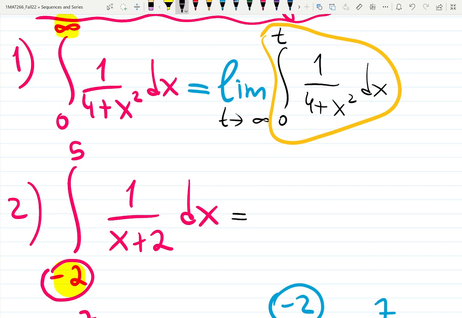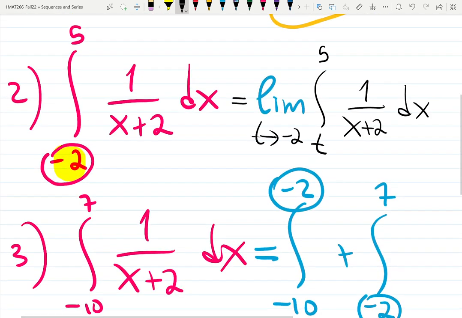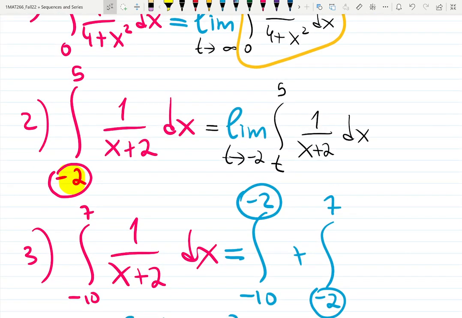For the second example, same thing. We're going to do a limit of an integral. Now minus 2 is the problem, so let me put T there: integral from T to 5 of 1 over x plus 2 dx, where T now goes to minus 2. And in the third example, we have 2 limits. Minus 2 is approached from the right or from the left.